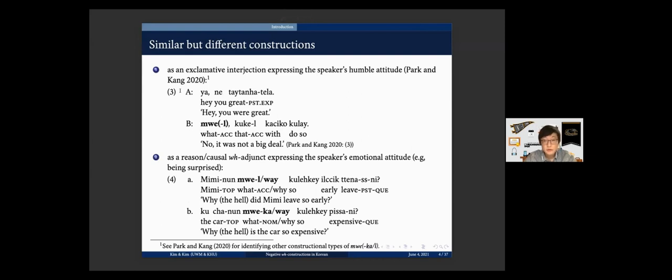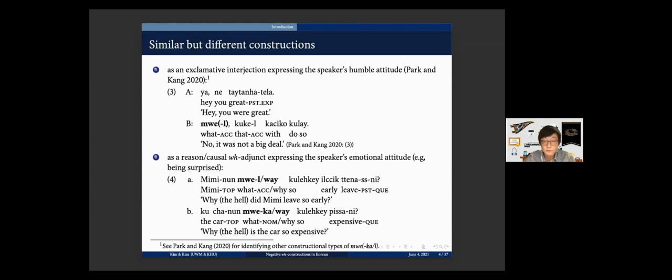Before we proceed further, we would like to briefly mention two constructions that look similar but behave differently from double-edged constructions in terms of meaning and function. One is where the double-edged phrase "what" is used as an exclamative interjection in expressing the speaker's humble attitude. So, for example, in 3, 야, 너 대단하더라, and P, 뭘 그걸 가지고 그래. And the other is where the double-edged phrase "what" is used as a reason or causal double-edged agent expressing the speaker's emotional attitude.